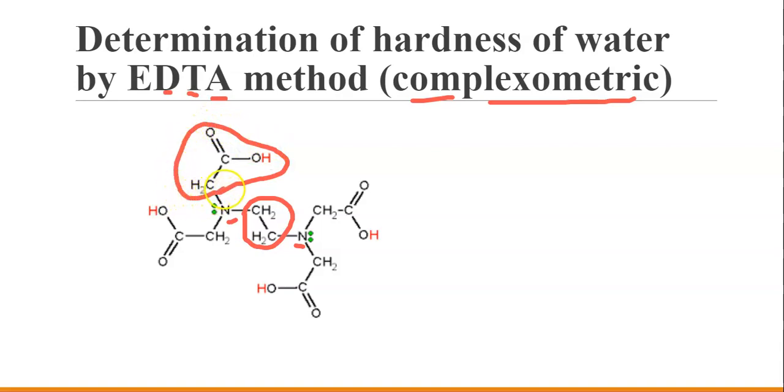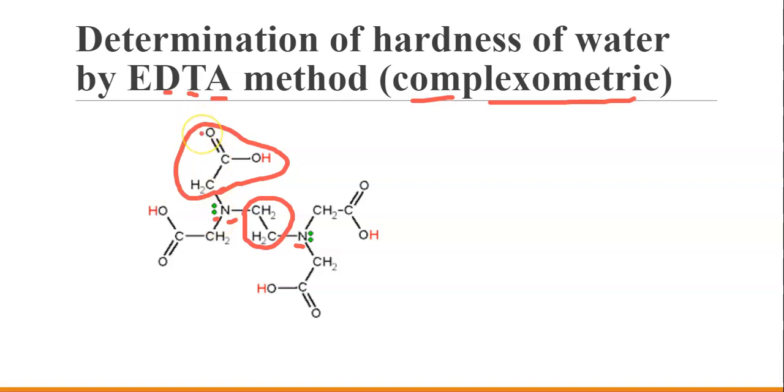There are 4 groups. So EDTA is a hexadentate ligand. A ligand, in general, is any molecule which can form bonds with metal atoms by its donor sites. You can see this green color, these are lone pair electrons on nitrogen.